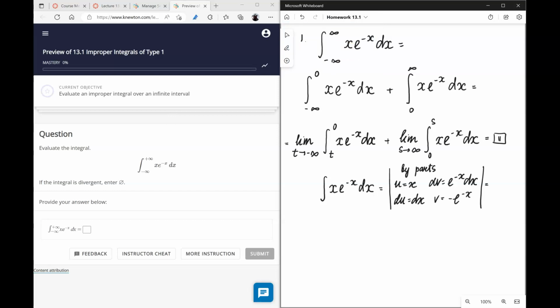The integral is now uv, so it's negative x e to the negative x, minus the integral of v du, so it's going to be plus the integral of e to the negative x dx. And we are ready to produce the final answer here.